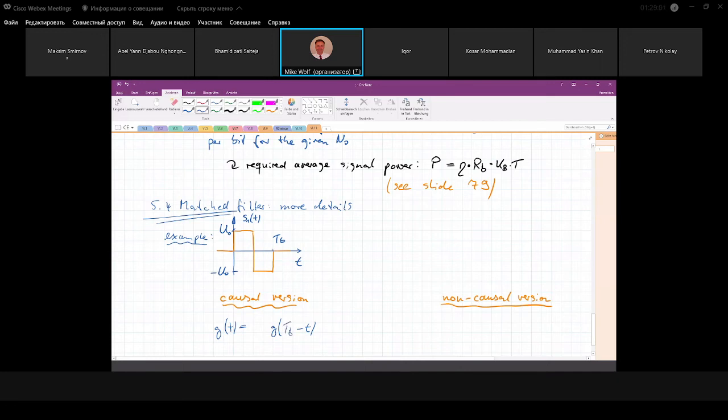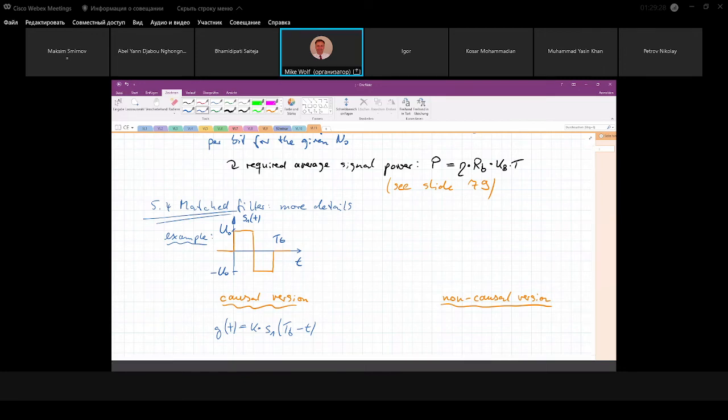Because now the length of our pulse is tb. If this pulse were longer, let's say 3 tb, I would need to write 3 tb here to make it causal. And then S1. And then I need to scale this by a certain factor in order to ensure a desired design goal.